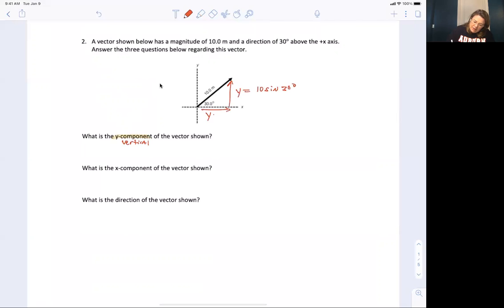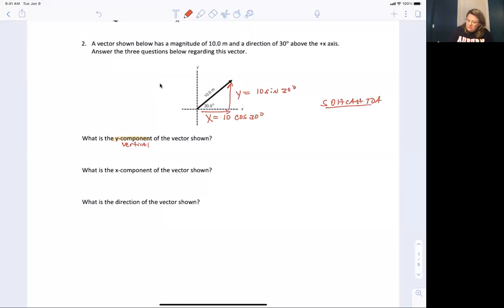And I can find my x, which is equal to the hypotenuse times the cosine of 30 degrees. So I would have to use my SOHCAHTOA equations to find the x and y component of the angle.